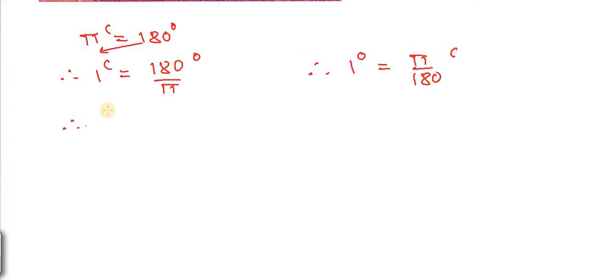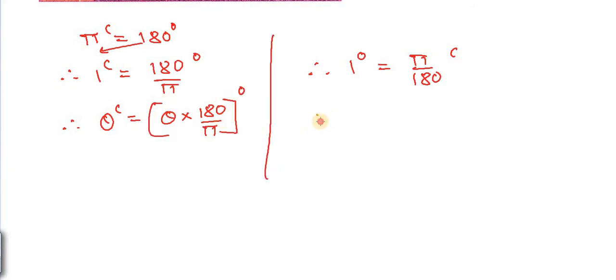Now multiply both sides by theta over here. So we get theta radian is equal to theta into 180 by pi degree. Okay. Now in second case, multiply both sides by theta. So we get theta in degree is equal to theta into pi by 180 radian.